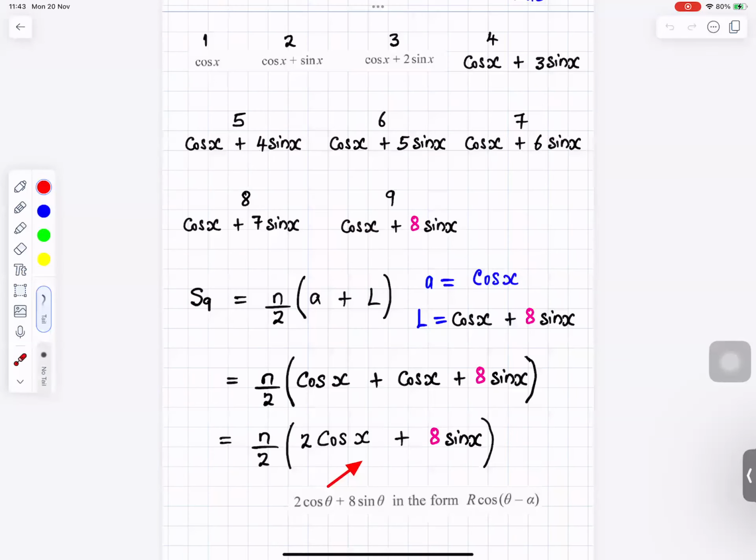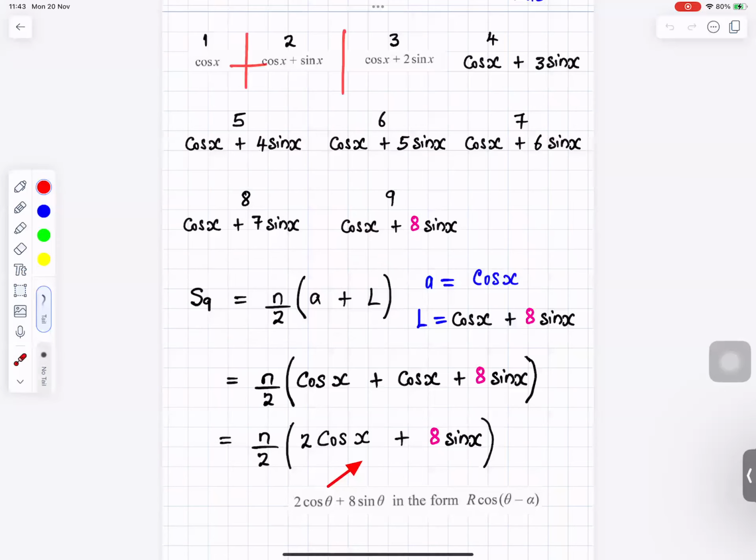Just to put some more explanation. Cos x is the first term, cos x plus sine x is the second, cos x plus 2 sine x is the third, and that's the fourth, fifth, sixth, 7, 8, 9. So you can add it this way, using the formula S9, the sum of all 9 terms.